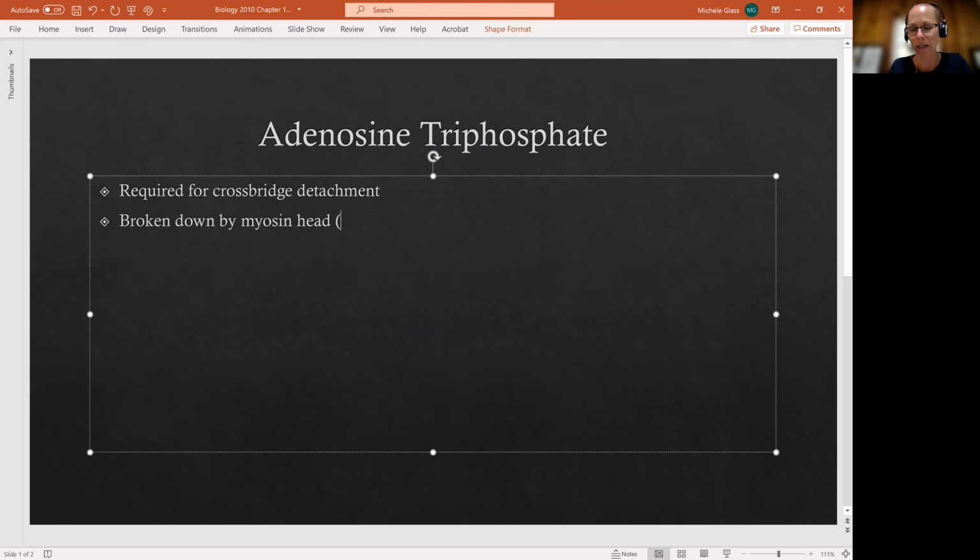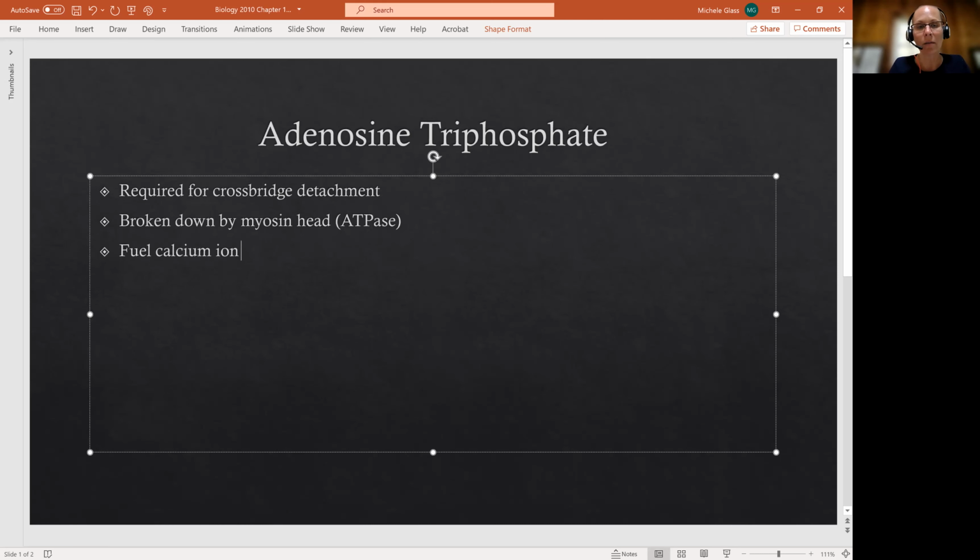We already mentioned that it has, as part of its structure, ATPase, which is the enzyme that's important in breaking down the ATP into adenosine diphosphate, phosphate, and the energy. And we've said that this is important for that myosin head to do the detachment, but also the recocking and the re-energizing.